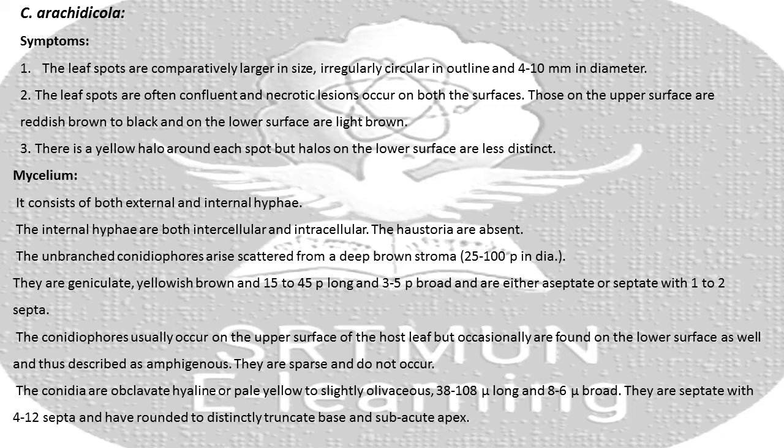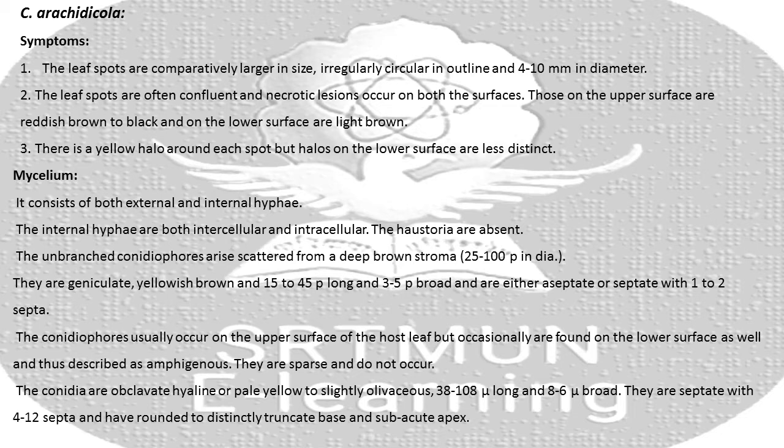Next, they are geniculate, yellowish brown, 15 to 45 micron long and 3 to 5 micron broad, and are either aseptate or septate with 1 to 2 septa.